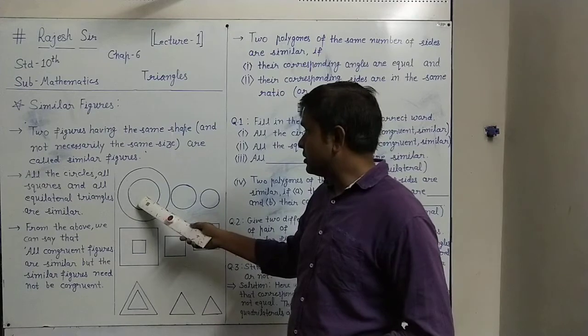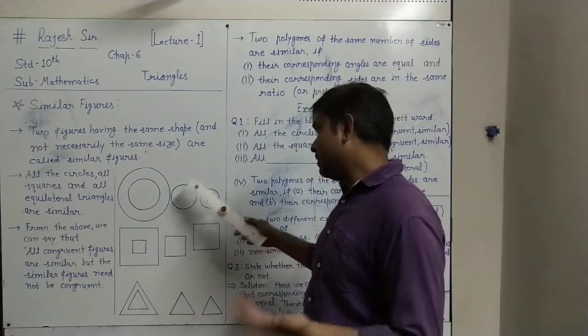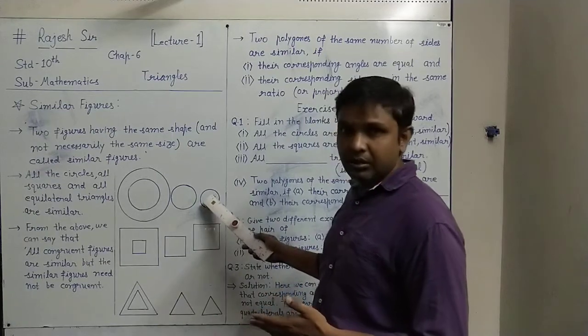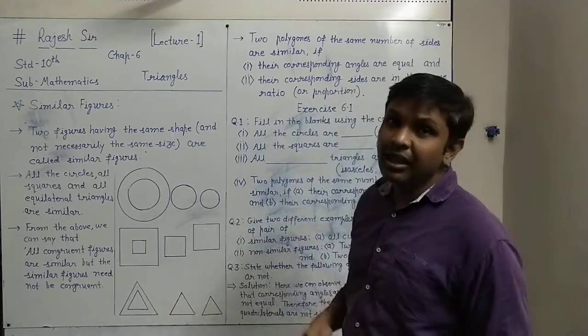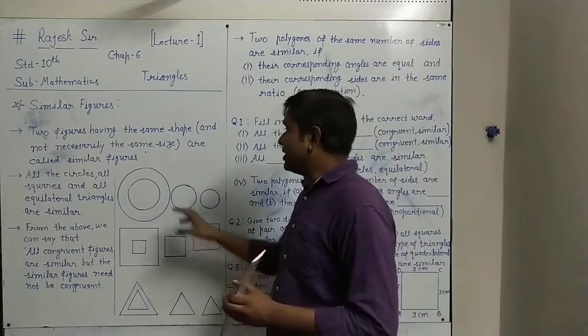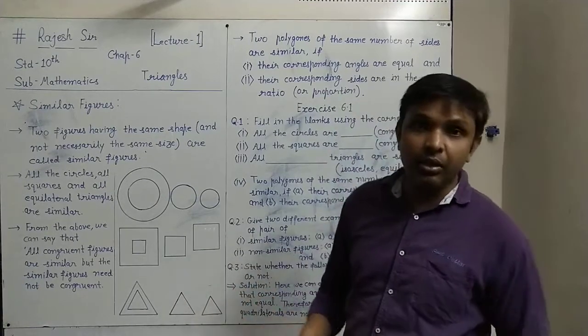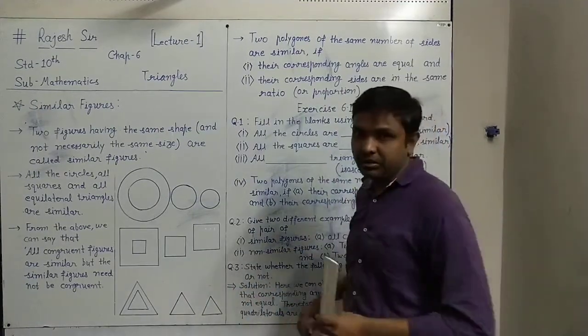Concentric circles: this is the small circle, a big circle, a less small circle, and one less small than that. So all the circles are of the same shape. Shapes are same, but sizes are different. So all the circles are called similar figures.